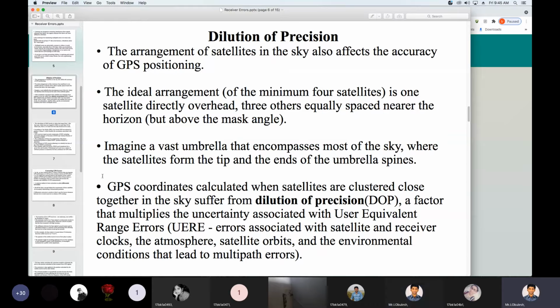These errors are associated with the satellite and receiver clocks, the atmosphere, satellite orbits, and environmental conditions that lead to multipath errors.